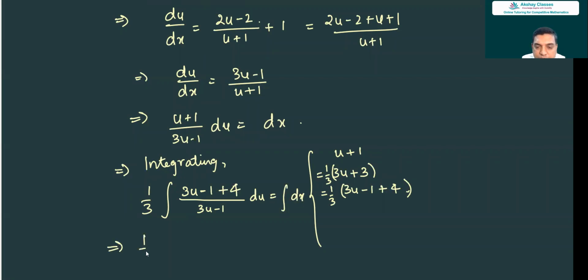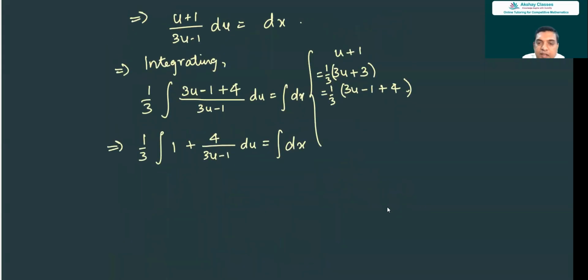So this will be 1 by 3 integral 1 plus 4 upon 3u minus 1 du, integral dx. So what we get is 1 upon 3 u plus 4 by 3 log of 3u minus 1 is x plus c.